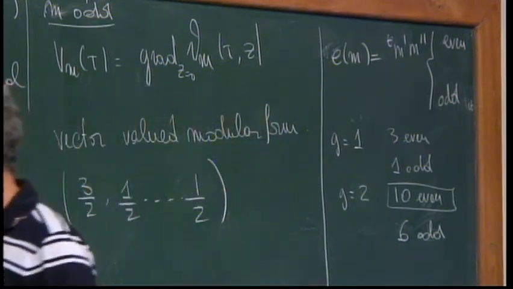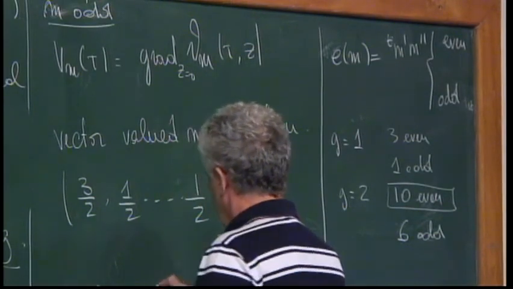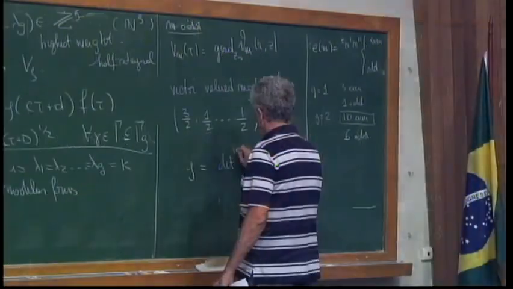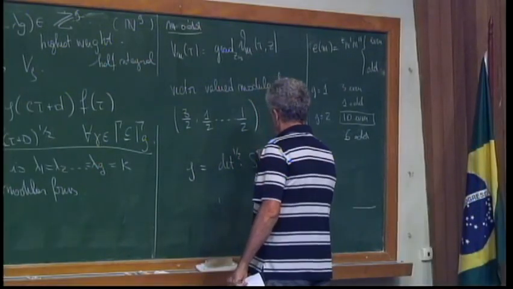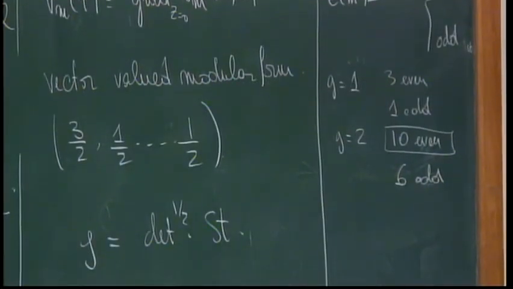So this essentially means that rho is just the determinant to the 1/2 times the standard representation of GL_g. The standard representation is (1, 0, 0, 0).